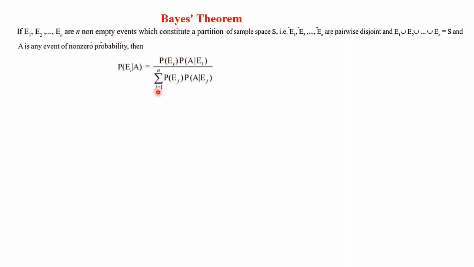Here in the denominator we are using j because i we have already used in the numerator.